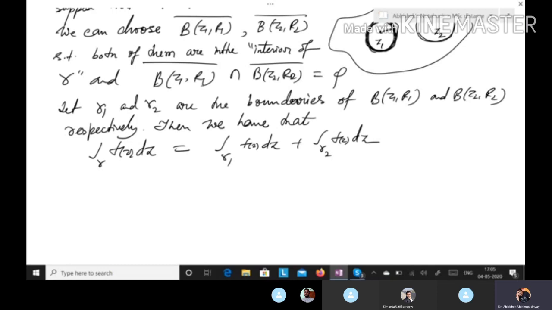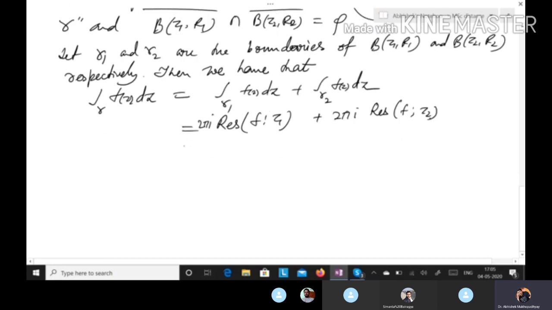Now by case 1, this is going to be 2 pi i multiple of the residue of f at z1, and this is again 2 pi i multiple of the residue of f at z2. And this proves that it is 2 pi i multiple of the sum of the residues.